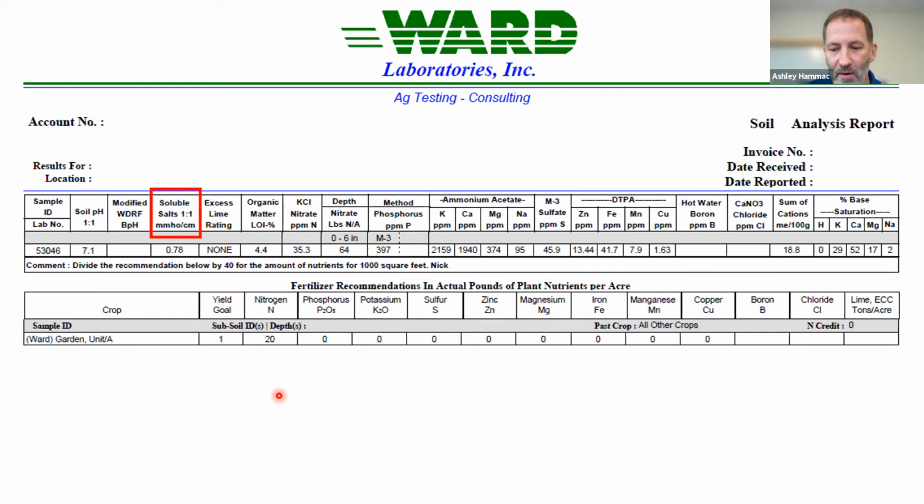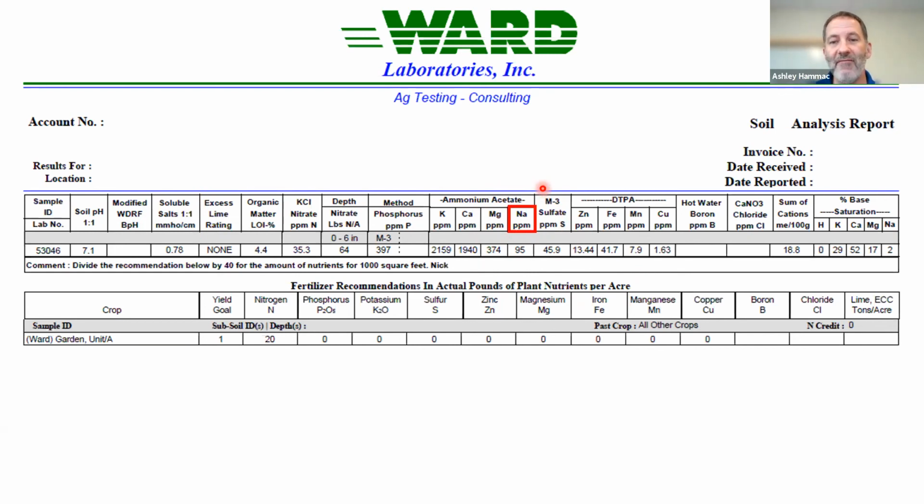Okay, now soluble salts or salinity kind of goes hand in hand with sodium. I probably should talk about sodium more today, but I'm not really going to talk about sodium as much. Oftentimes a salinity problem and a sodicity or a sodium problem develop simultaneously.